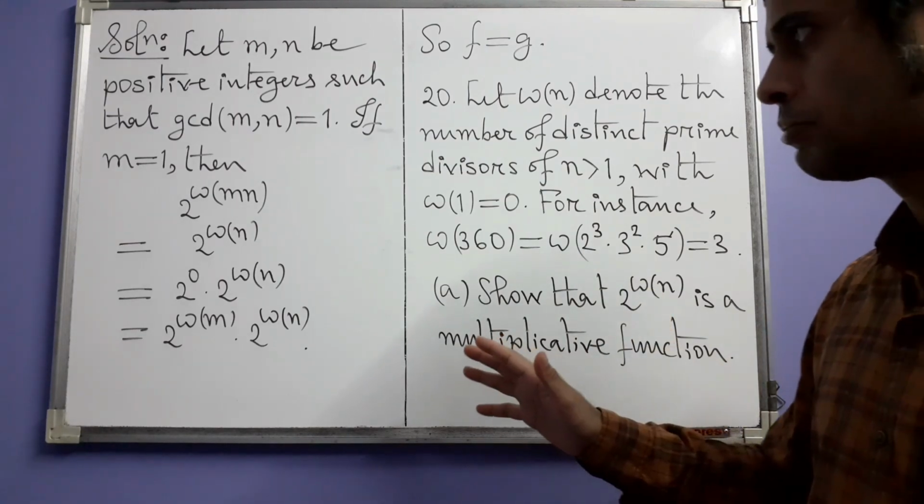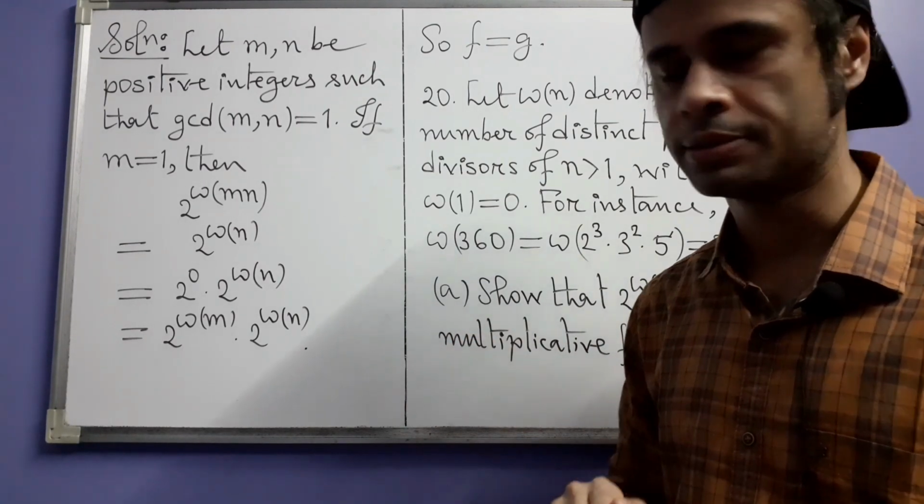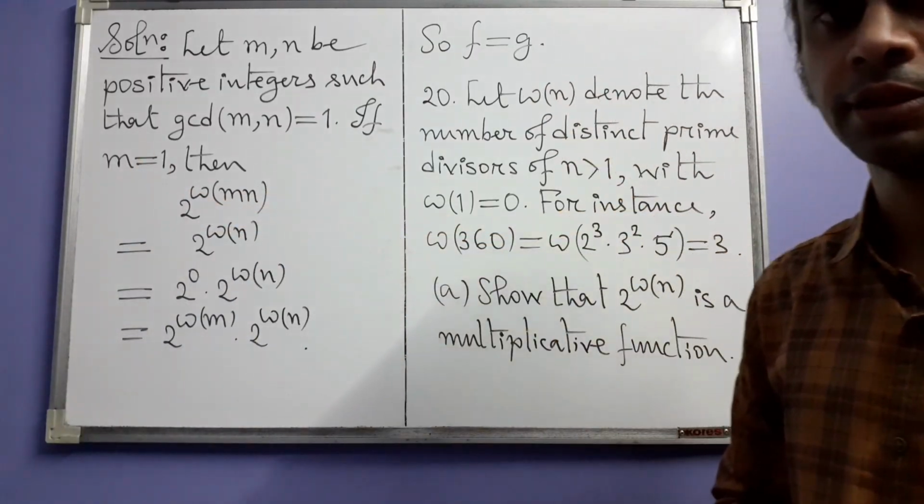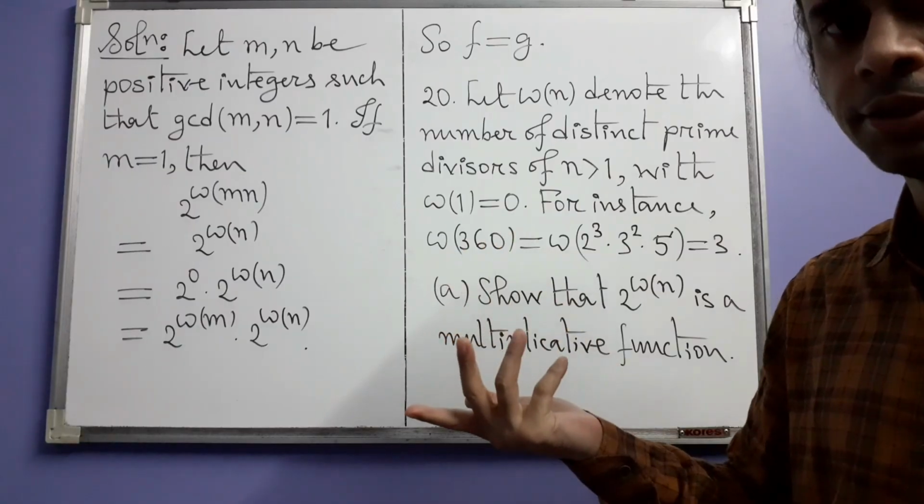So let us first of all dispose of the easy cases, and one easy case is this one, when m is equal to 1.